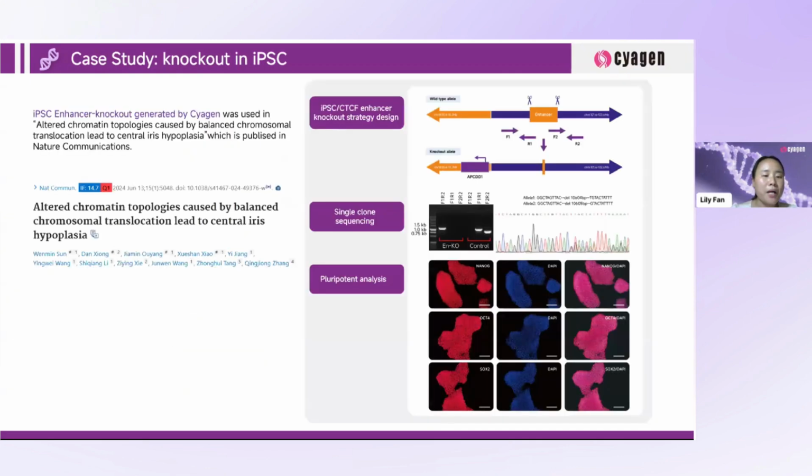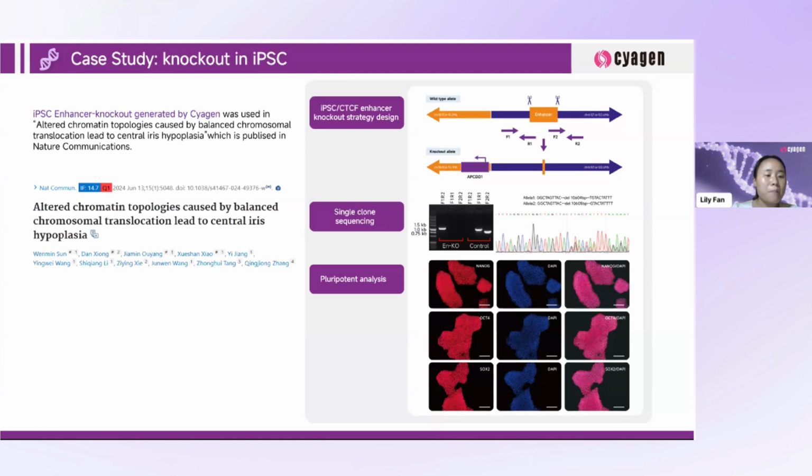Here are some case studies for iPSC gene editing. The iPSC enhancer knockout cell line generated by Cyagen was utilized in a study published in Nature Communications.